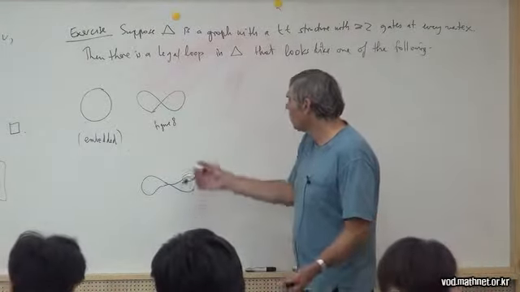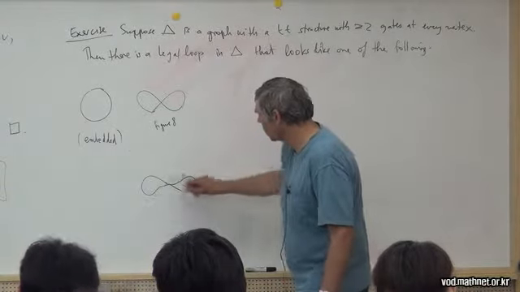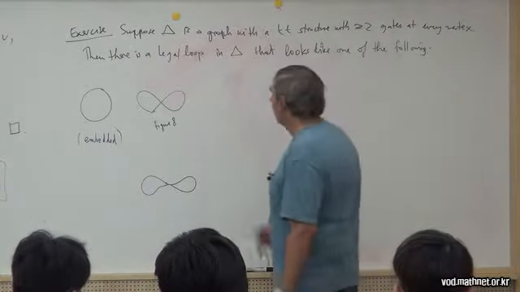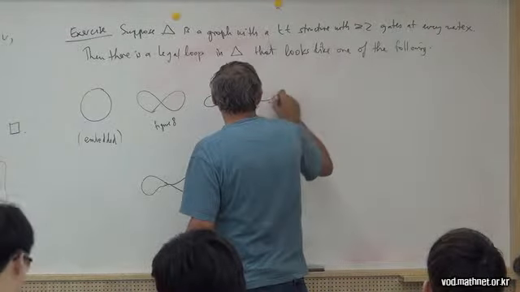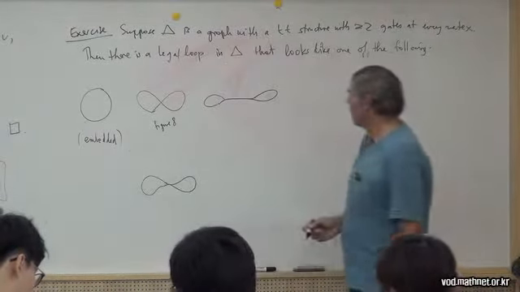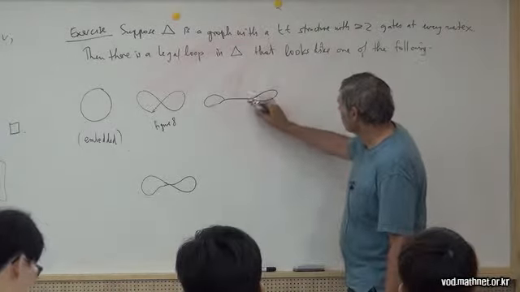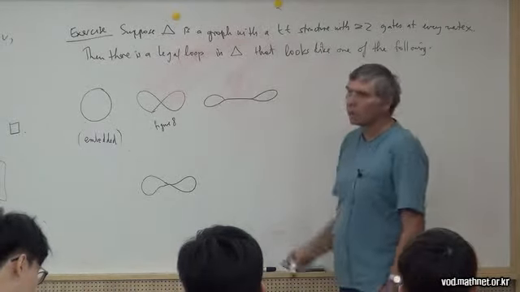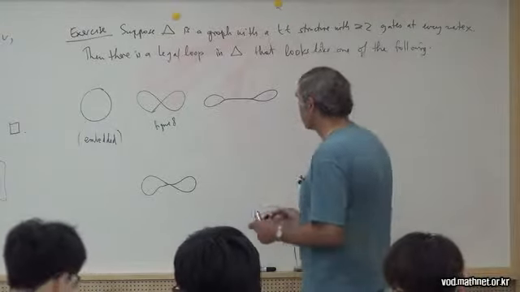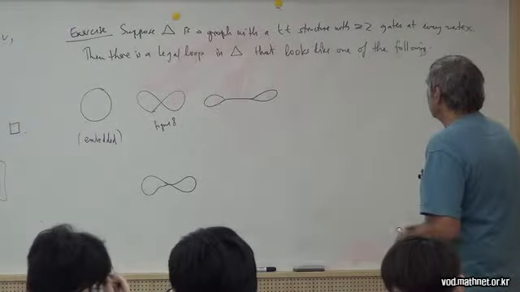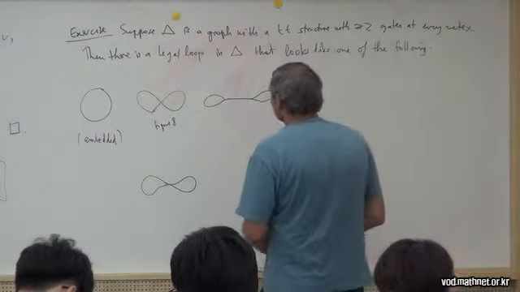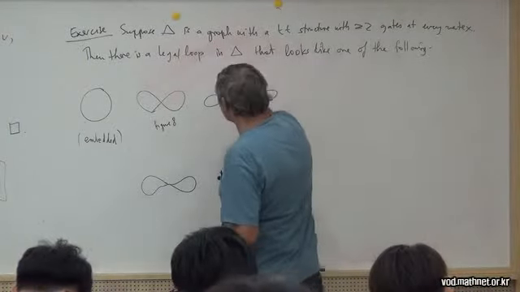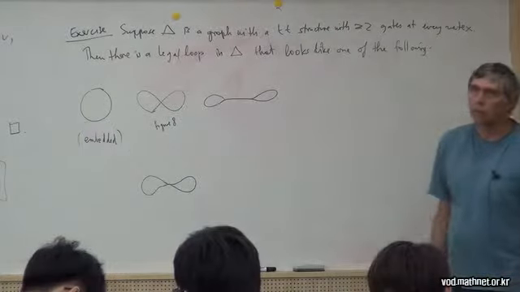Then there is no embedded loop. But there's a figure 8 loop that's legal. And then there's also this kind of a dumbbell picture. For example, if you make a train track that looks kind of like this, then that's the only legal loop. You cannot do better than that. So those are the 3 possible types. In every train track with at least 2 gates, you're guaranteed to find a legal loop that looks like this.